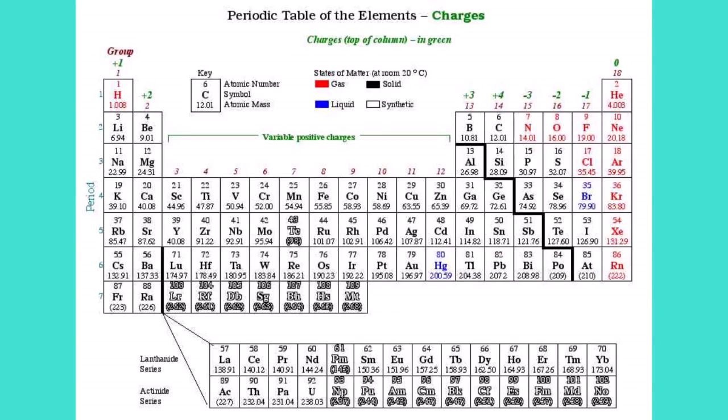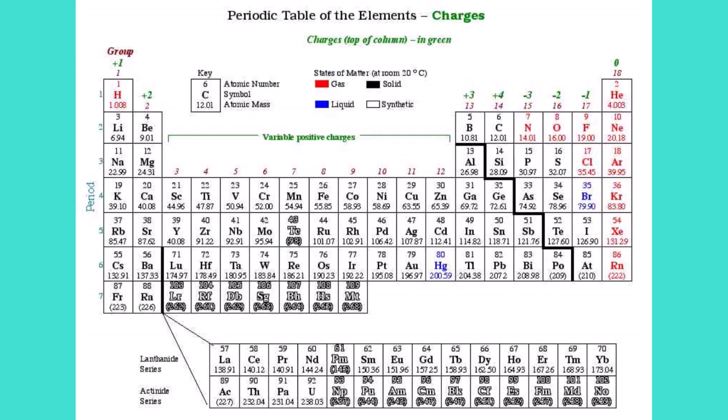Our next discussion will be how to form ionic compounds. Now we should know that in group number 1 the formal charge is 1 plus.